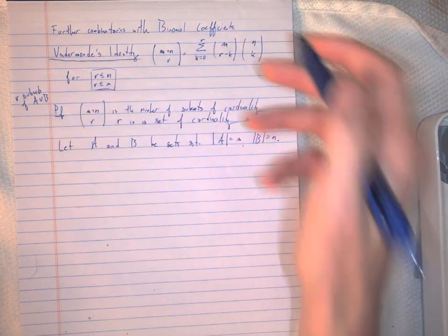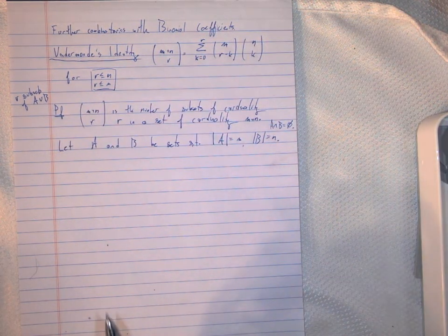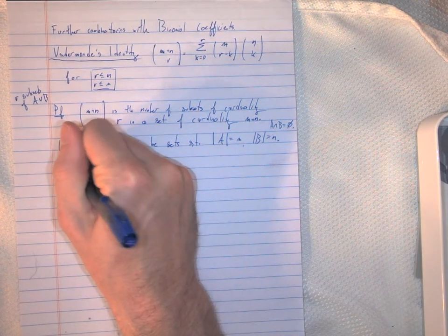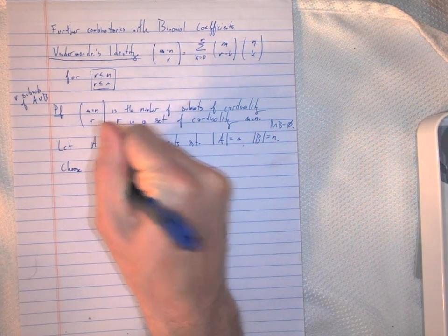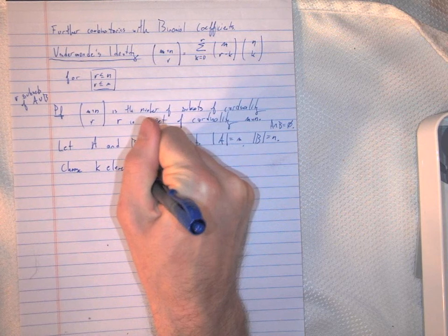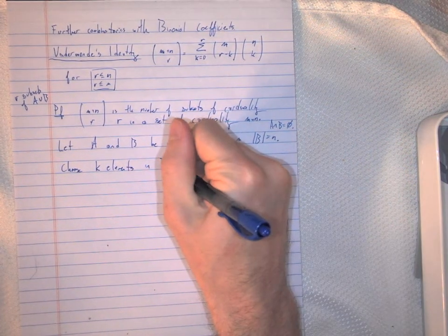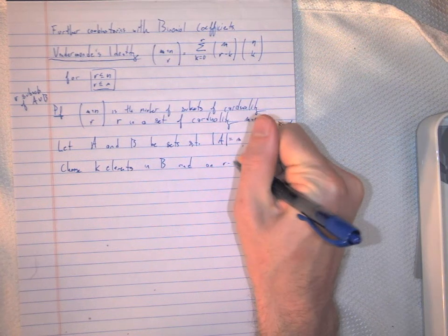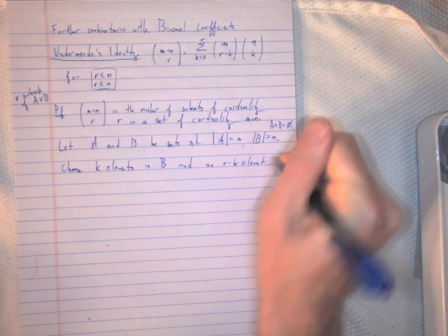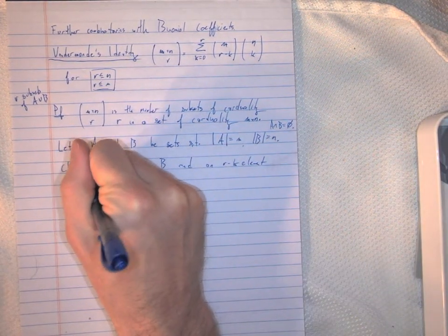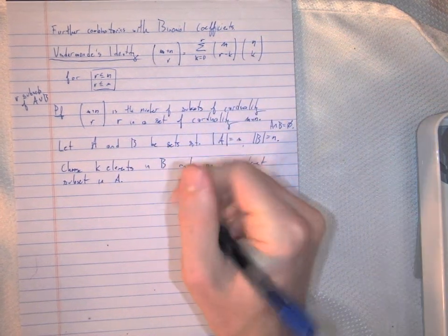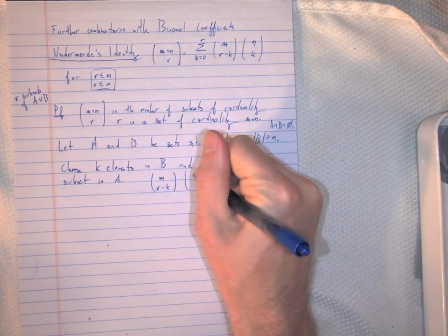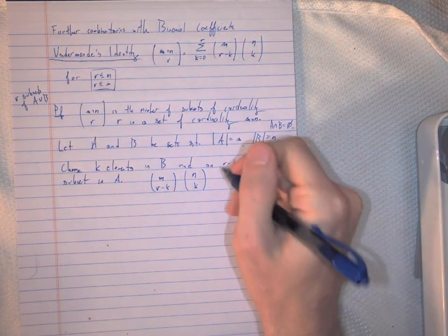So in particular, another way to count r-subsets is to choose a k-element subset in B and an r minus k element subset in A. There are m choose r minus k times n choose k ways of doing this for each k.